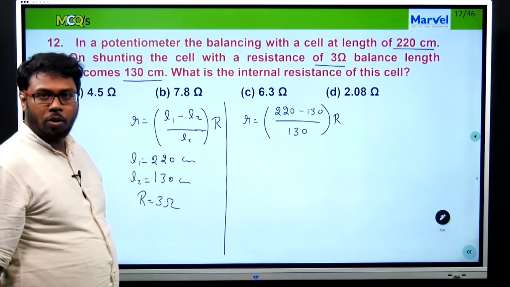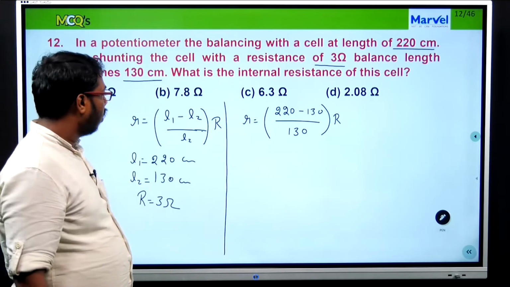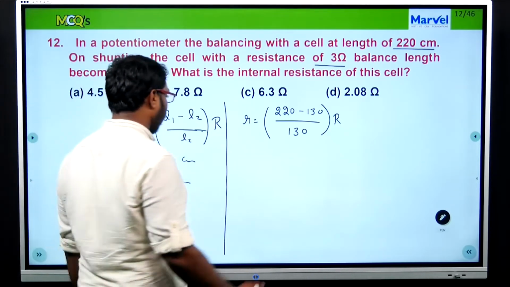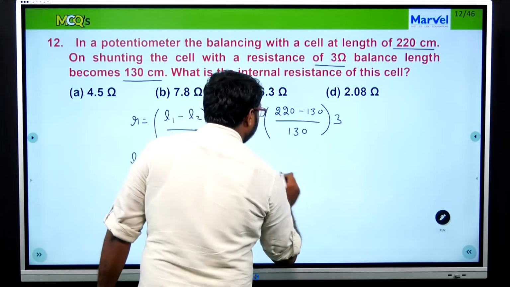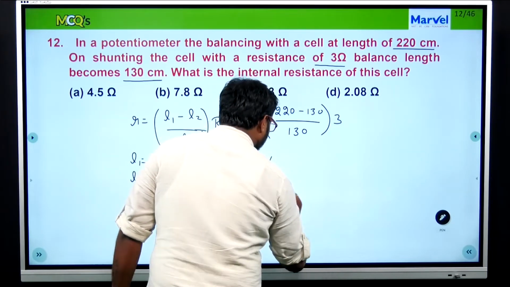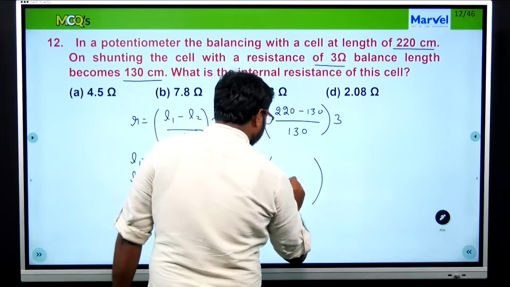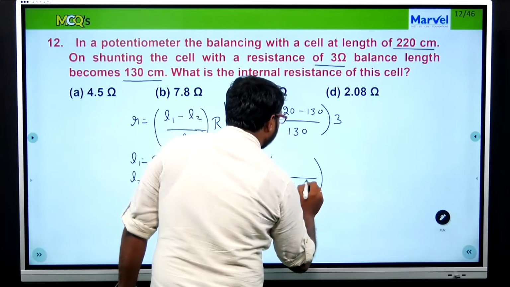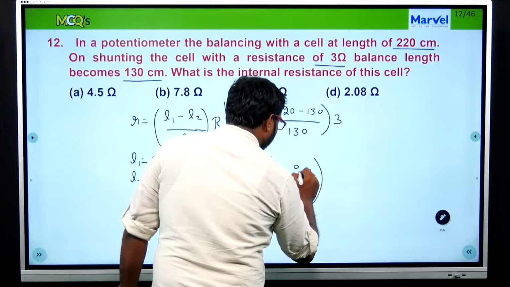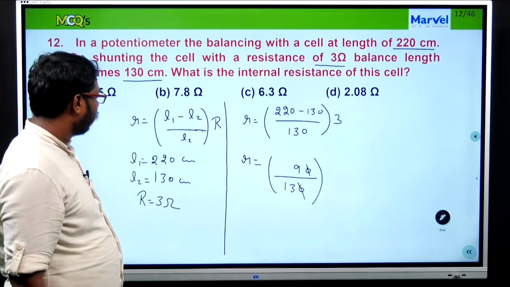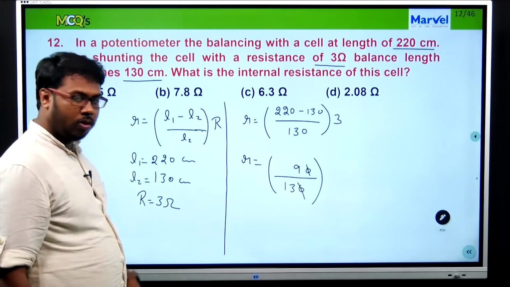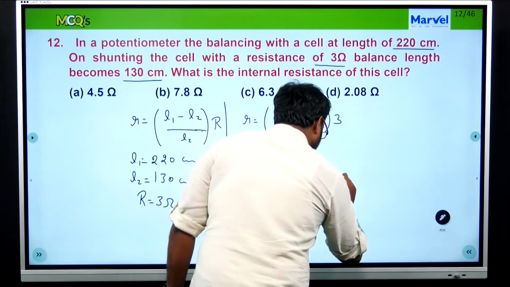So all we have to do is a simple subtraction and then a division. On subtracting we get 90, so it is 9 by 13 into 3.